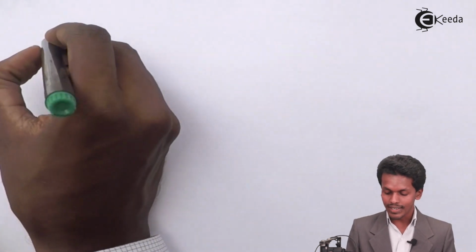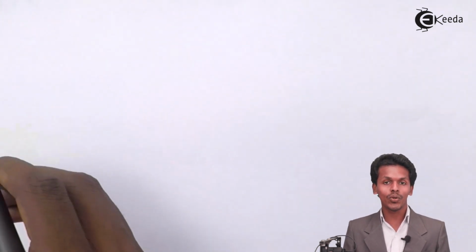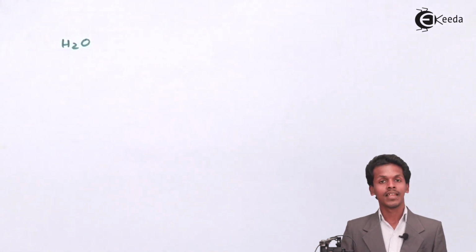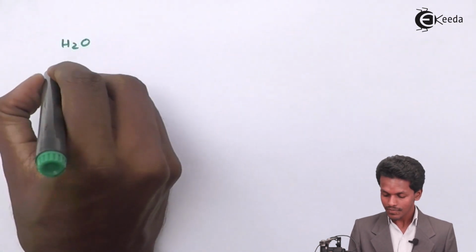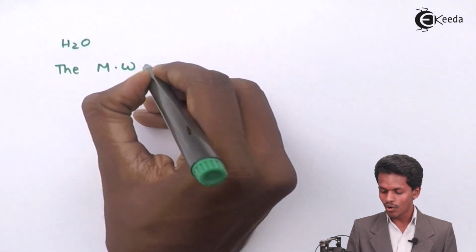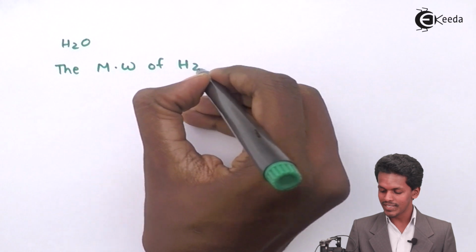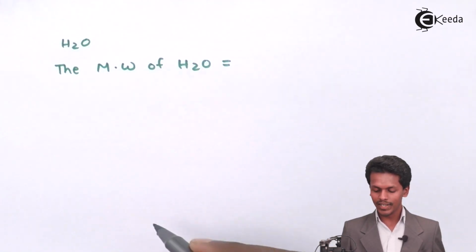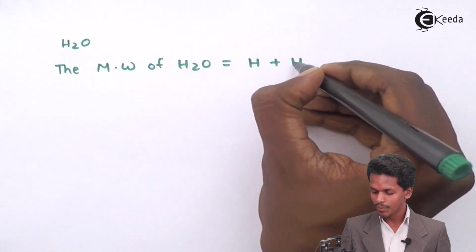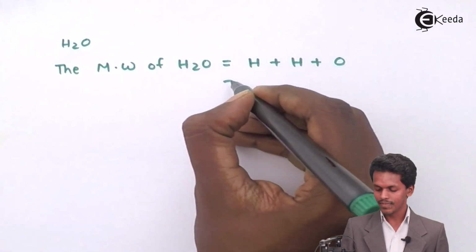But before understanding that, the water molecule has a formula of H2O, and the molar mass or molecular weight of water in this case can be easily calculated. It can be calculated in this format, that is H plus H plus oxygen.